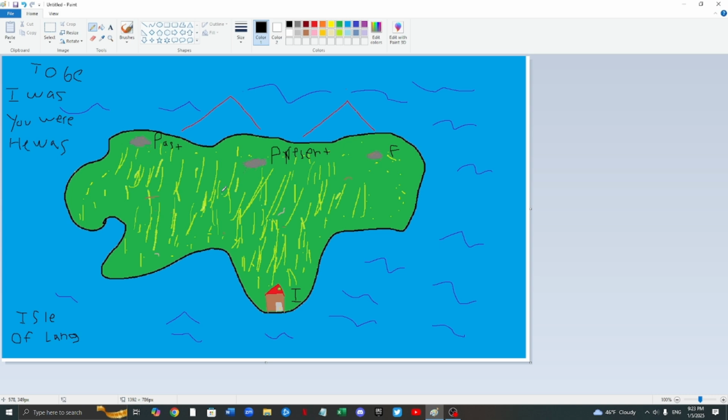So that's why I have labeled here the past stone, the present stone, and I'm not even going to draw future because it's going to look horrible. So past, present, and future stones. So on this big part of stability right here on the Isle of Stability, you have the indicative, which is mainly comprised of three parts.